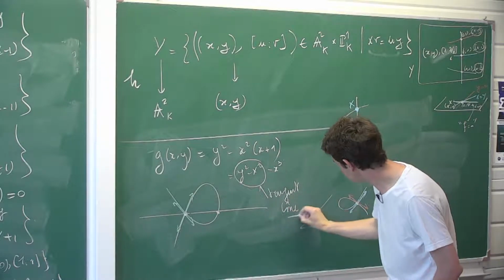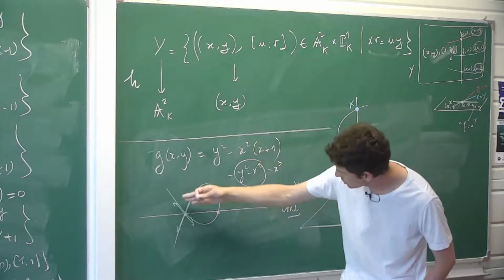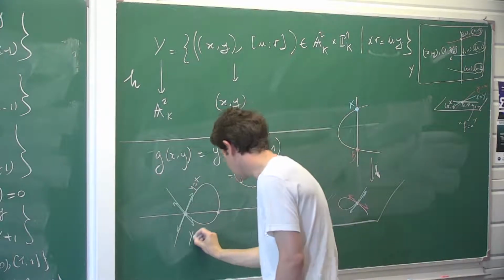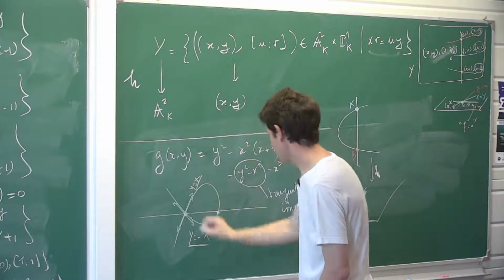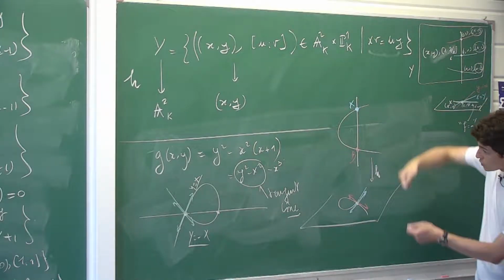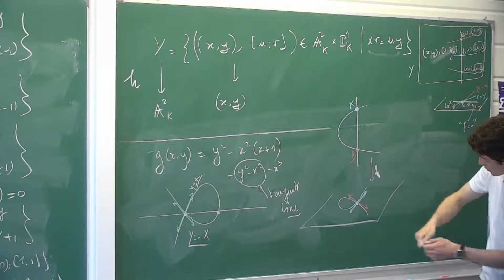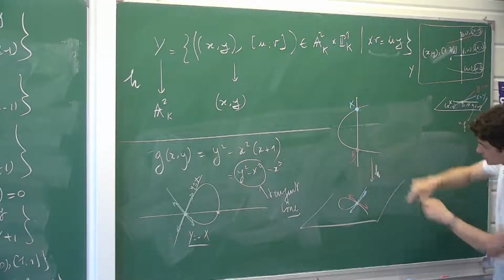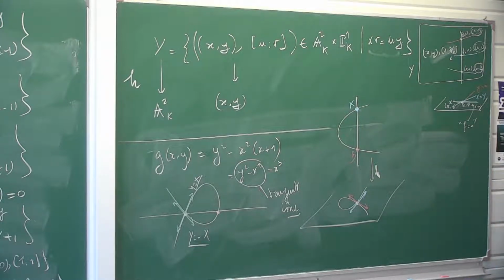And the tangent cone gives you the lines which are tangent, and you have two lines: y equals x and y equals minus x. And when you apply h, you separate the two parts of the curve, and the intersection points are exactly the slope of the tangent line.